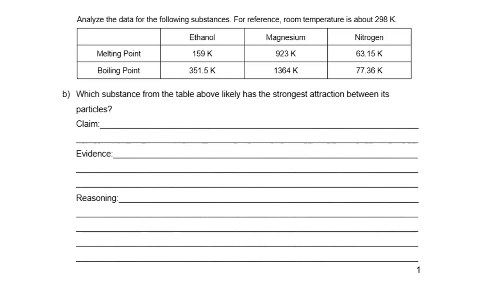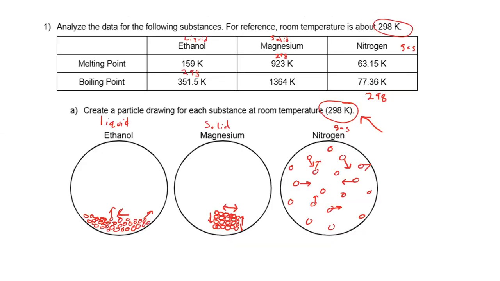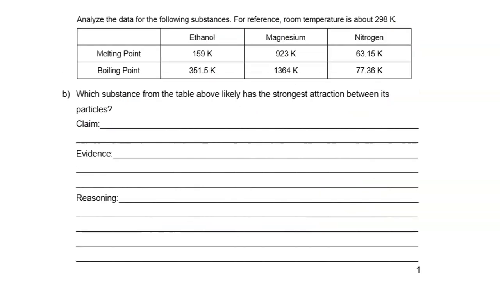So for the next part, we have our claim, evidence, and reasoning. And so all we're trying to get you guys to recognize is that higher or lower melting and boiling points tell us a little bit of information about how strongly attracted those particles are. Okay? So, because magnesium has the highest melting point and boiling point, we would say it has the strongest attraction.